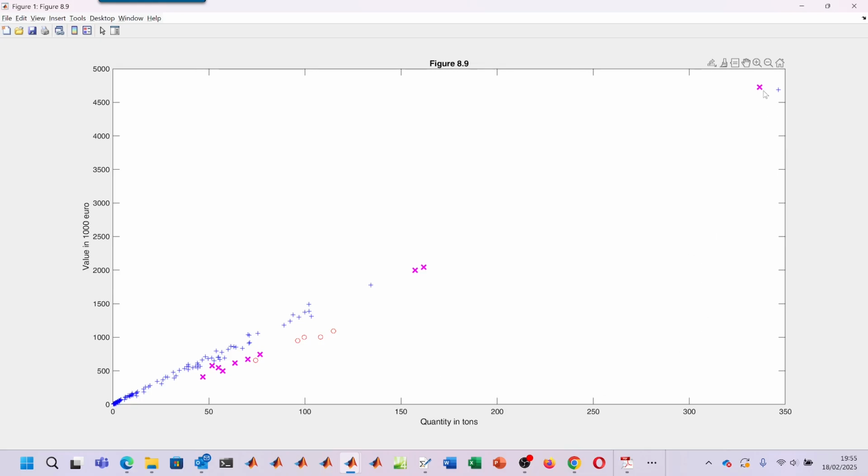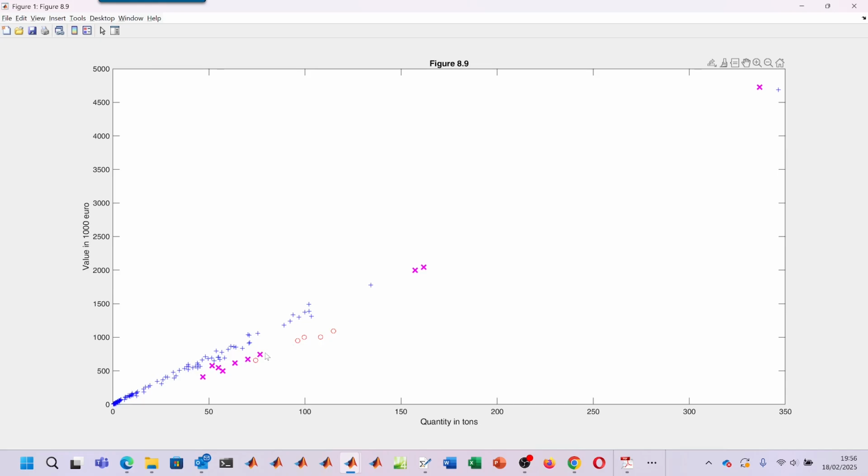For example, look at this purple point. This is very close to a normal unit, and from an economic point of view, it doesn't make any sense to investigate this observation. On the other hand, these are the observations that you wish to investigate. I mean, those which have a declared price.